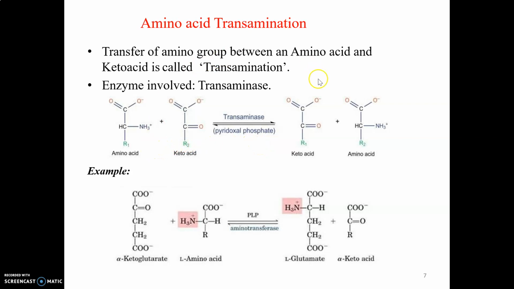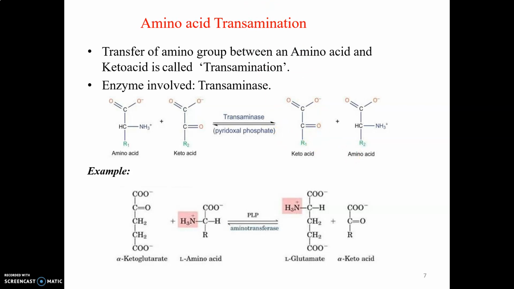What is formed? A new keto acid. In place of the NH3 group, you have a CO group here. So you have a new keto acid and a new amino acid. This process is known as transamination. So to put it briefly, transfer of an amino group from one amino acid to a keto acid, which is catalyzed by transaminase in the presence of pyridoxal phosphate, because this pyridoxal phosphate accepts this amine group, to form a new keto acid and a new amino acid, is known as transamination.